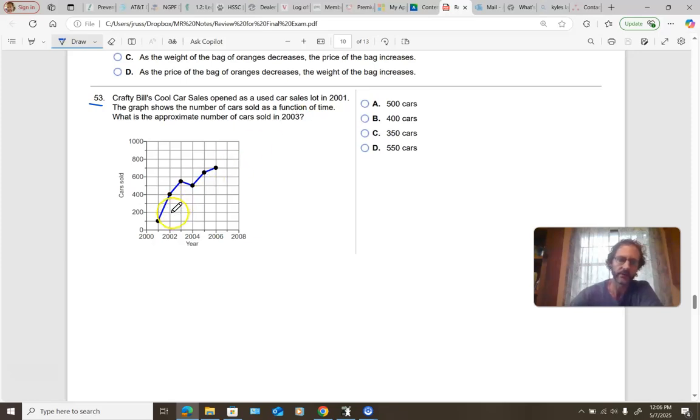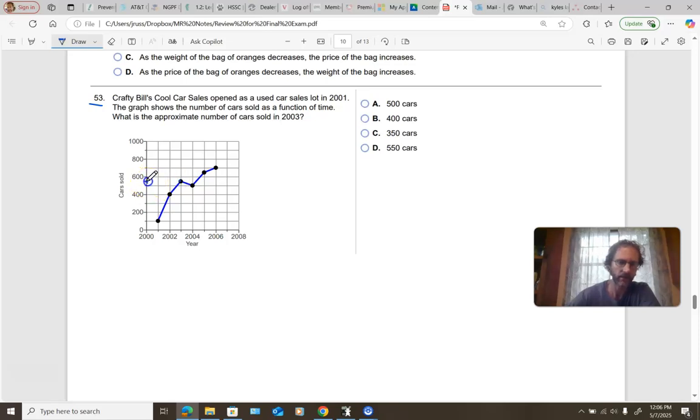Well, before we answer this, first of all, look at the trend here. The number of sales is increasing every single year except for this period right here in which there's a decline in sales, and that could be due to various factors. And then the number of sales continues to increase. So it appears that this business is doing pretty well. But in 2003, you're just going to find 2003, find the point that corresponds to that. Kind of look over here.